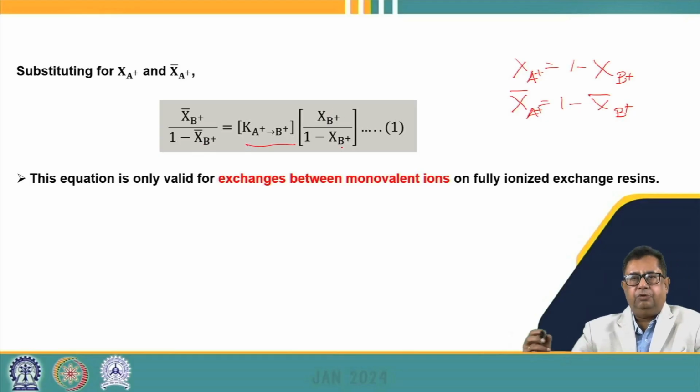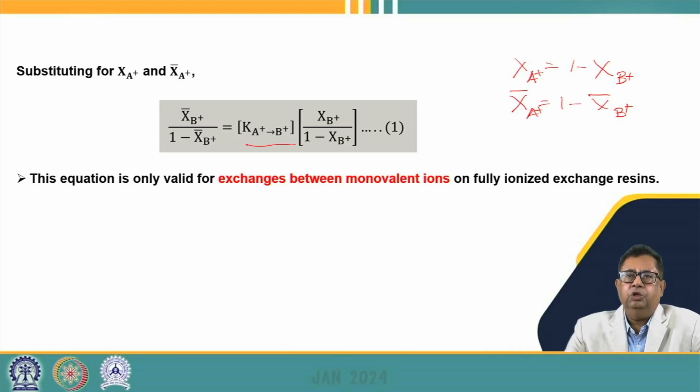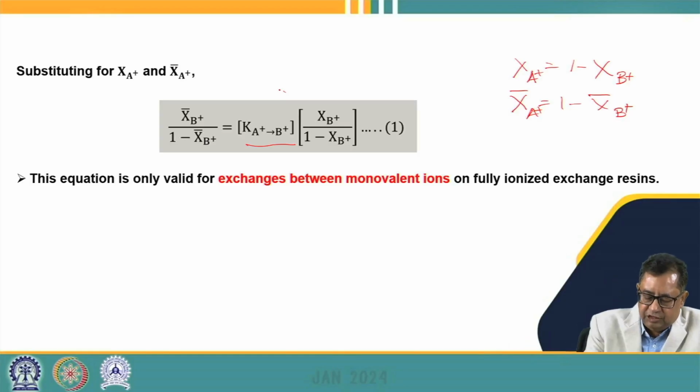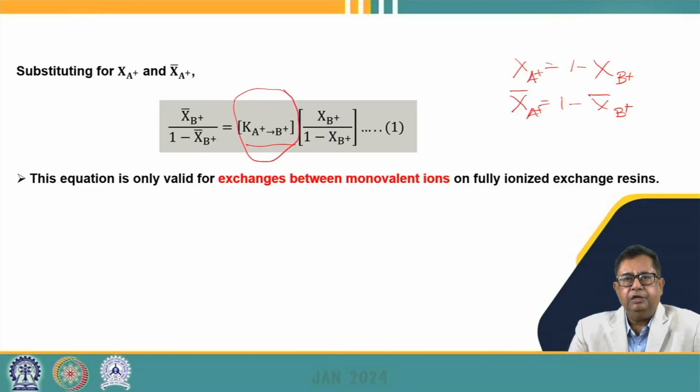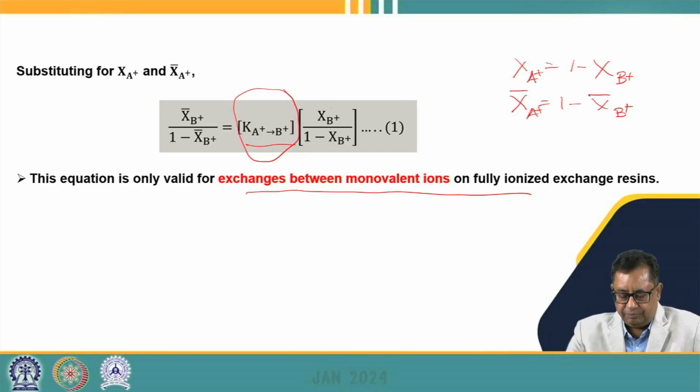So this equation tells us what fraction of the B plus will be there in the solution and what fraction of B plus will be there on the resin. If we know these values, we have already talked about them in the previous slides, right? These values can be taken for a specific set of conditions, so we will discuss this in a coming numerical. This equation is specifically applied for exchange between monovalent ions.